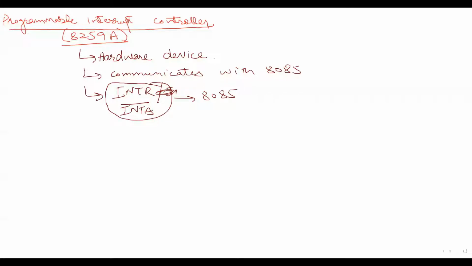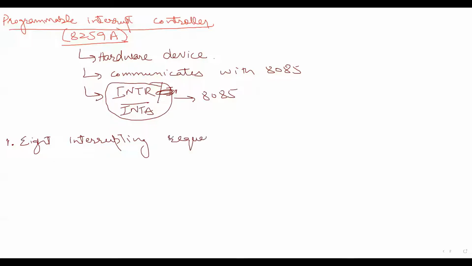The limitation was that it is a single pin, so only a single interrupting device can be connected to this particular pin. So what does this programmable interrupt controller do? First, it manages 8 interrupting requests.